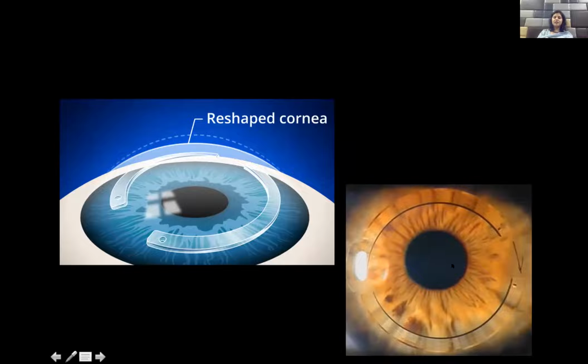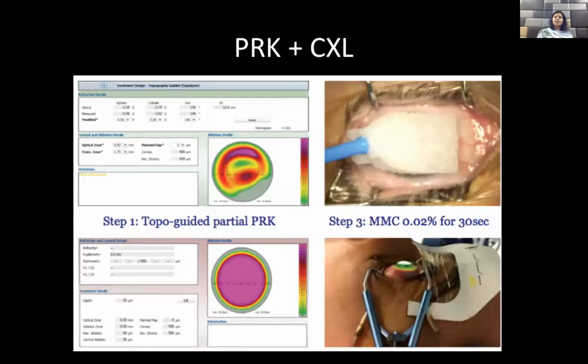And because our central cornea is clear, this can essentially improve the vision of the patient. So it's helpful to improve the vision. Or if your contact lens was not sitting because it was a very protruded cone, there may be better acceptance of the contact lens.